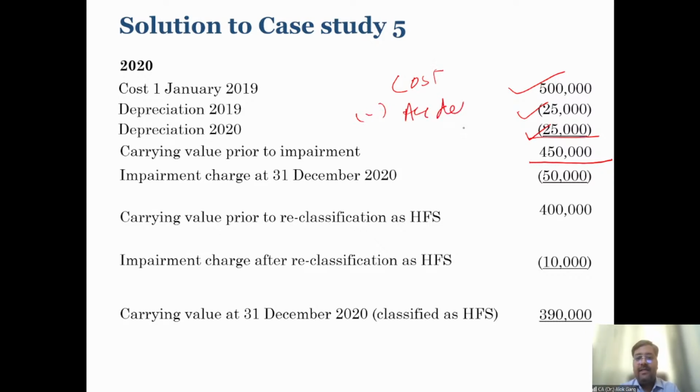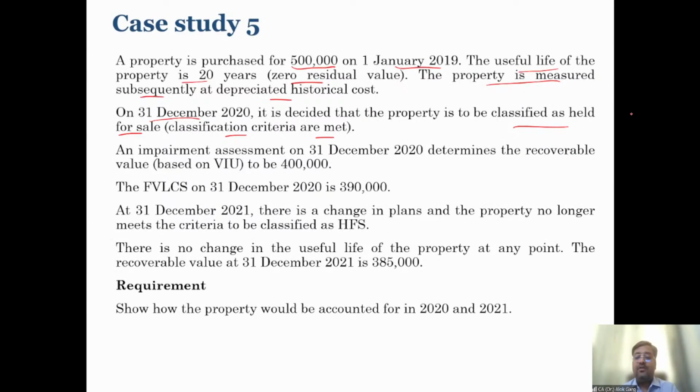Your carrying value, cost minus accumulated depreciation, is 4,50,000. But it is not a complete formula. The complete formula for carrying value under Ind AS 16, Ind AS 38 is cost minus accumulated depreciation minus accumulated impairment losses. And some more information is given in the question.